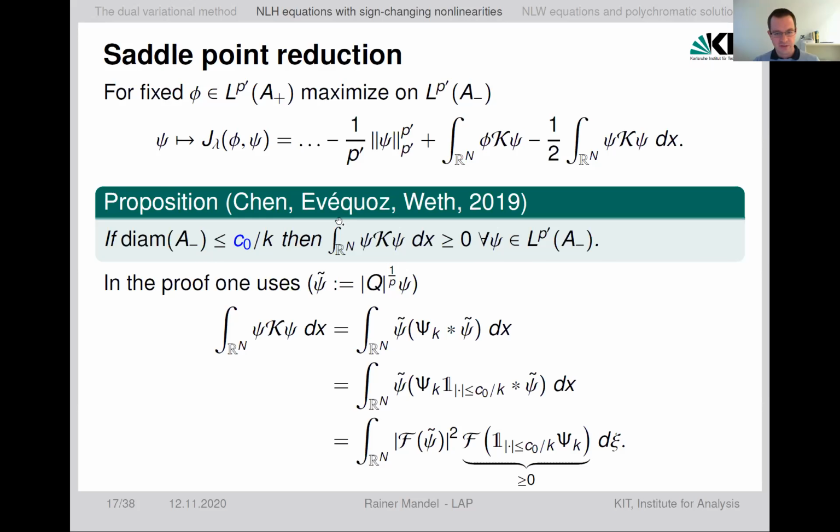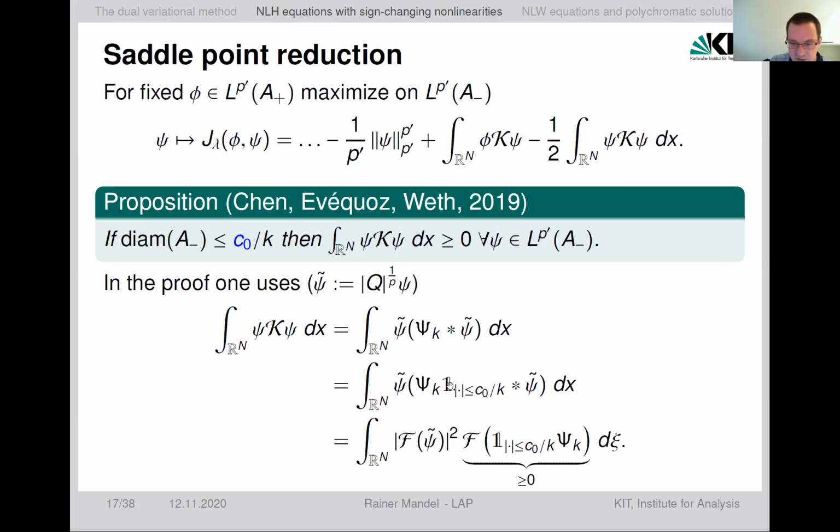This was found by Jan Evéquoz and Weth one year ago. Just very roughly, if psi has a small diameter, then you can write this as a convolution, and again this psi tilde has small diameter, small support, so that you can actually reduce your convolution to that region here.